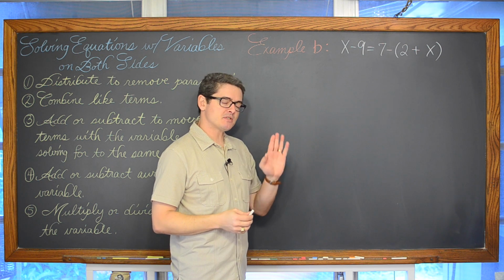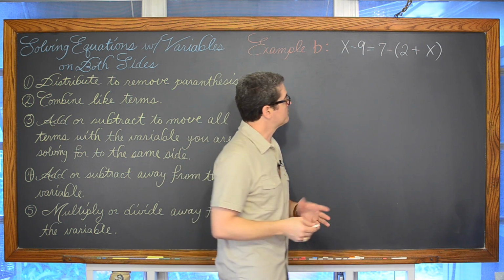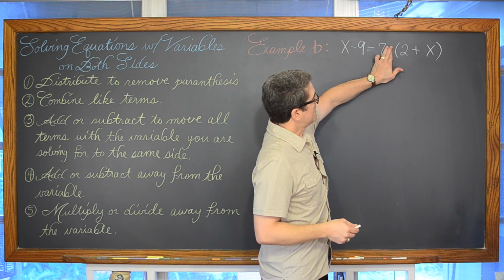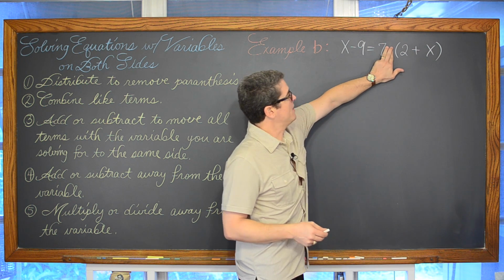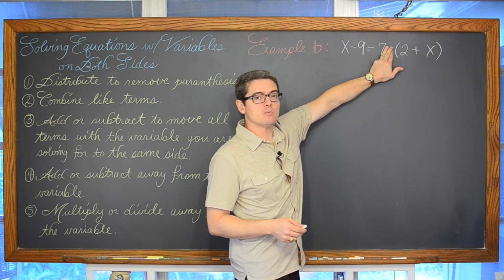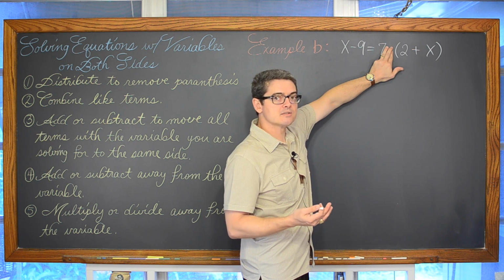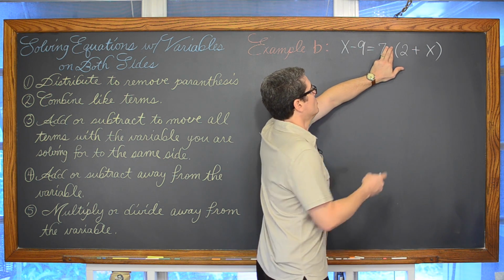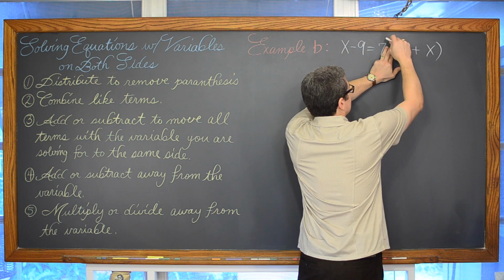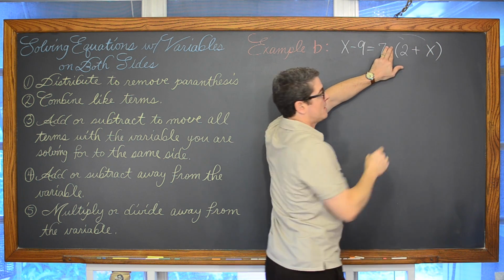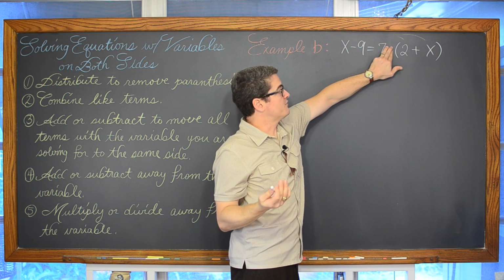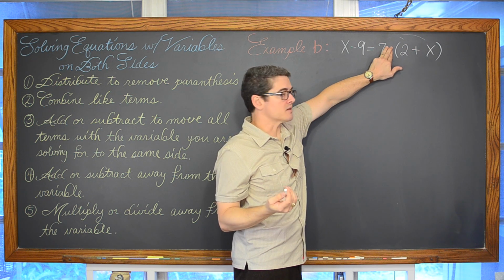I picked this particular problem purposely because a lot of students, if the equation was x minus 9 is equal to 7 parentheses 2 plus x, would correctly want to take the 7 and multiply it through those parentheses and write 14 plus 7x.